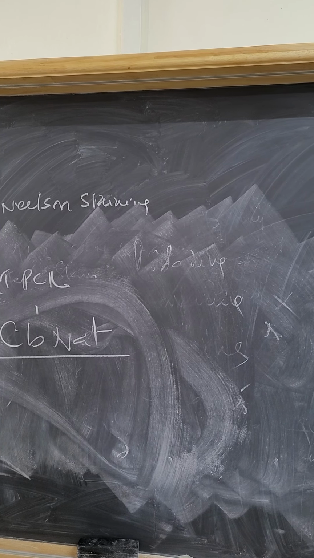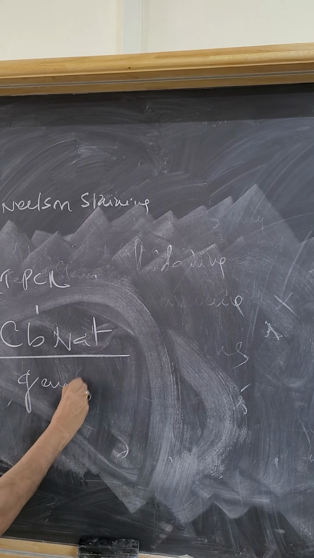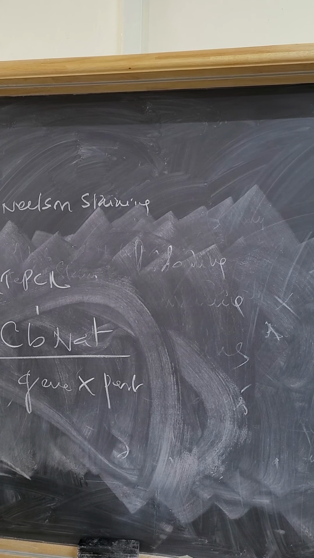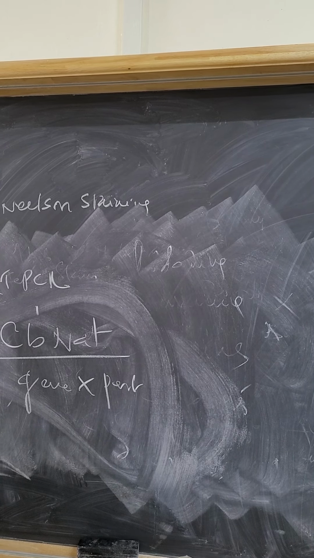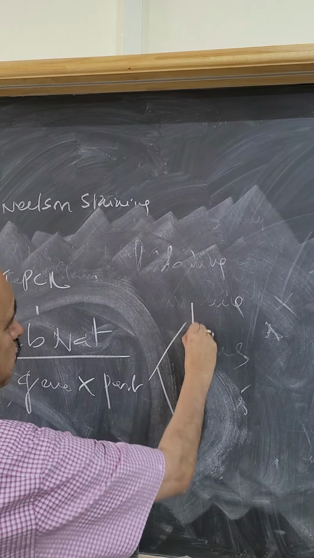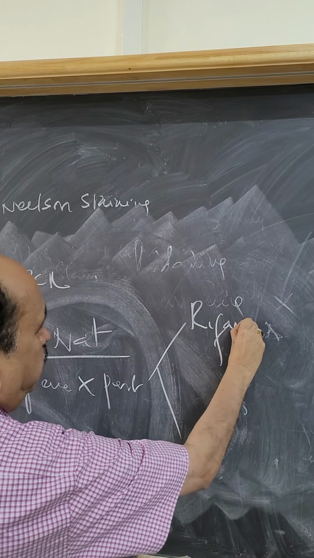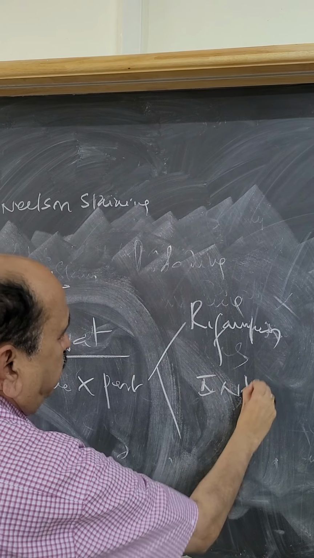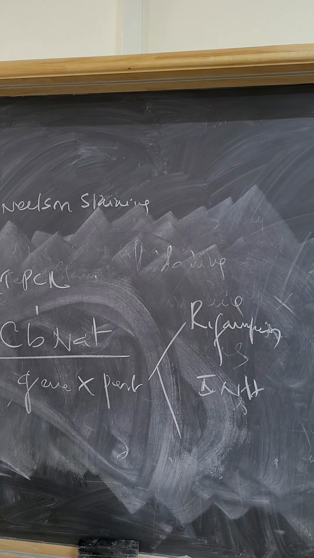Then there is GeneXpert. It not only gives identification of tuberculosis, it also gives an idea of resistance against rifampicin and isoniazid.